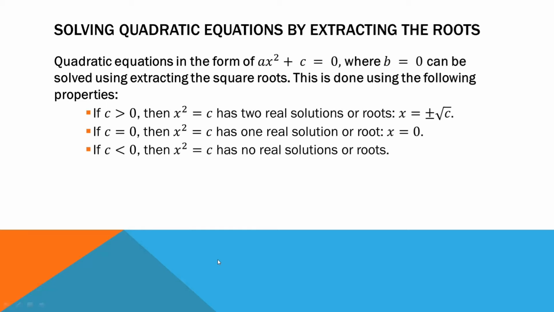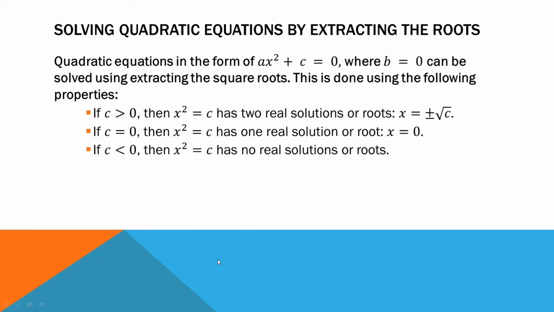If naman ang ating c ay is equal to 0, or the constant is equal to 0, then x squared is equal to c has one real solution. So therefore, x is equal to 0. Then if ang c natin or the constant is less than 0, which is our negative numbers, then x squared is equal to c, wala siyang real solutions.